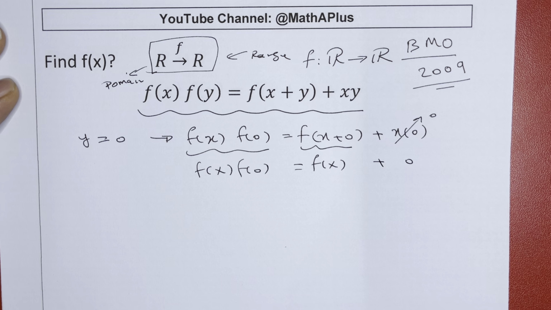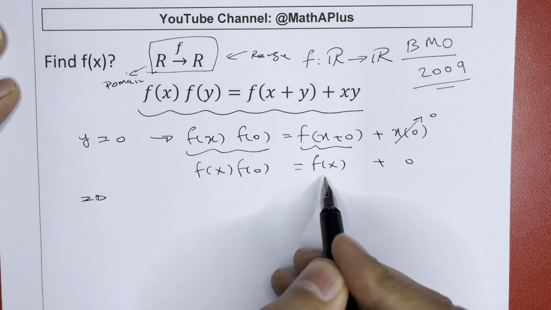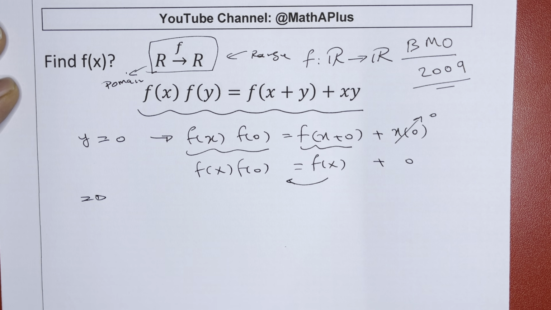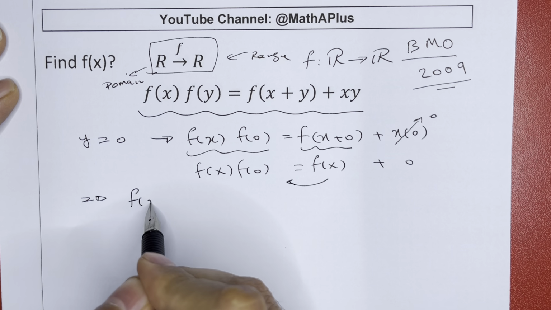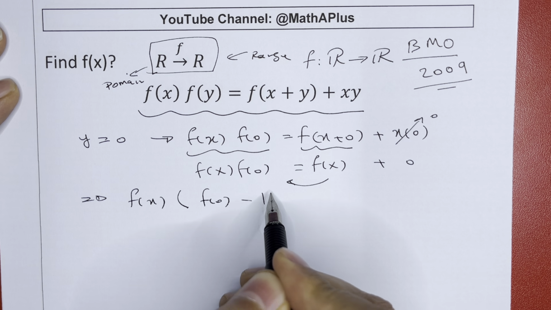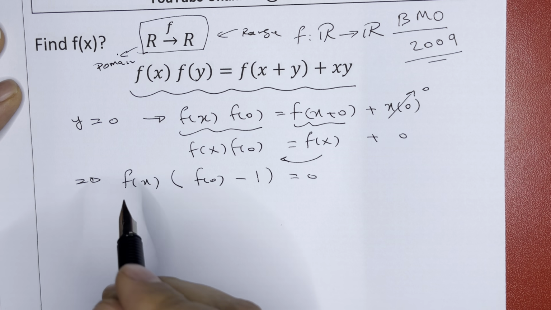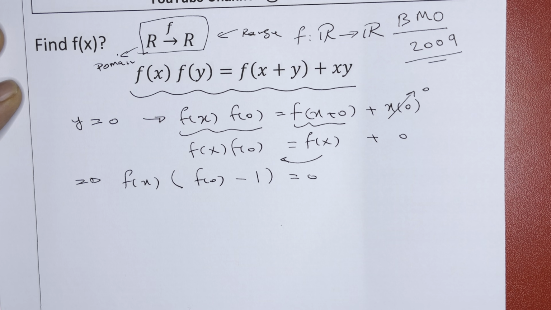Okay, great. And then you can bring this to the other side and take a factor of f of x. So f of x times f of 0 minus 1 will be 0. Whenever the multiplication of two terms is 0, it means one of them or maybe both of them is gonna be 0.